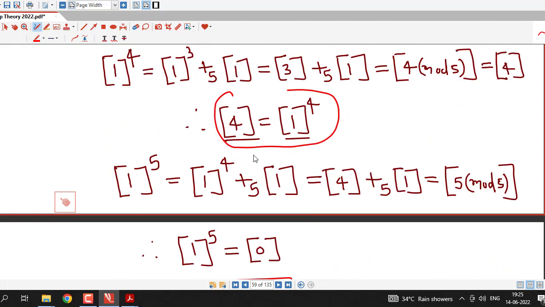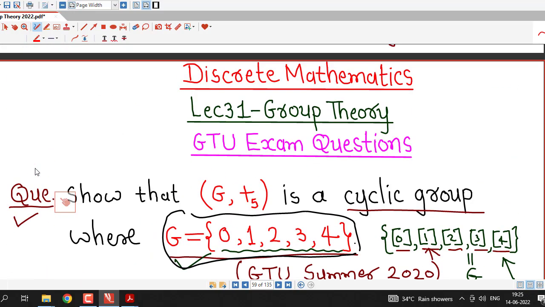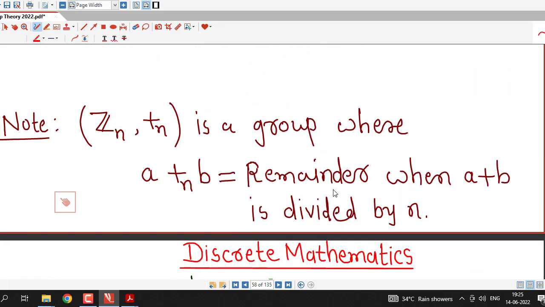If they are writing only 1, 2, 3, 4, then you can ignore these brackets which are used for equivalence classes. But you must be clear that this G is the group of equivalence classes generated by 0, 1, 2, 3 and 4, and this operation is between equivalence classes, not between integers.